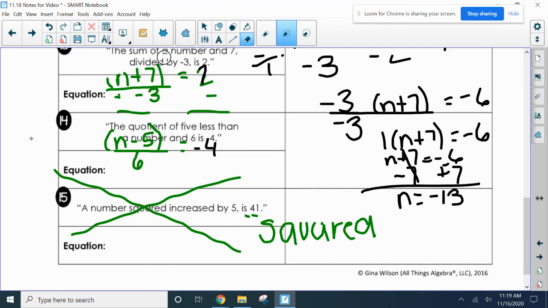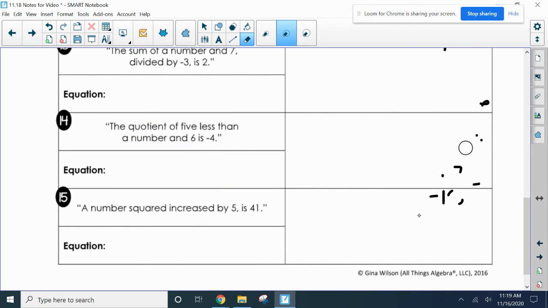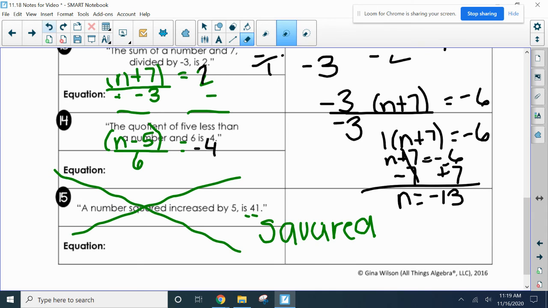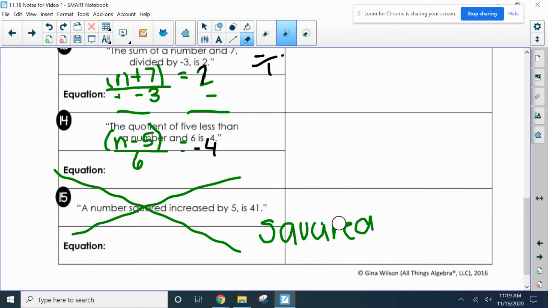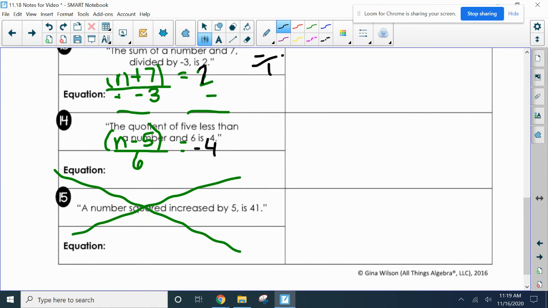Awesome. All right, I'm going to erase this, but 15 is still squared. Oops, I erased too much. I'm going to erase this, not the equation. This, but again, you're skipping squares. So we have the same thing, n minus 5 is our grouping over 6 is equal to negative 4. So same process. That top is a parentheses.